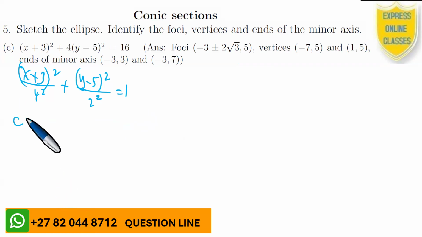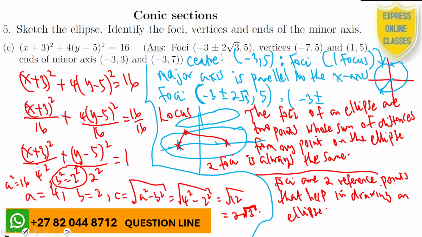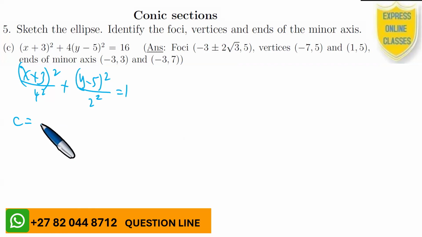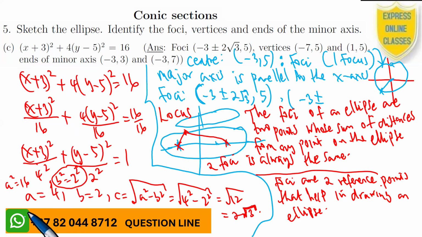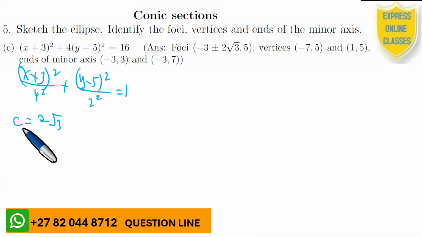Like we've already seen, we've determined the foci, where C is 2 times the square root of 3. And then the center is minus 3, 5. From the center, then you can get the foci.